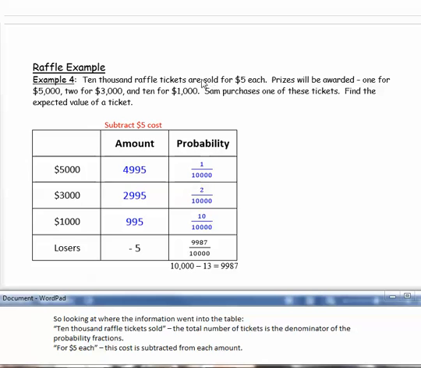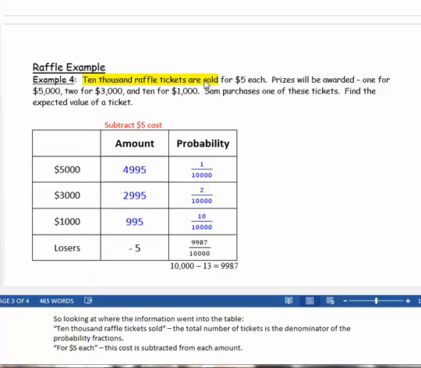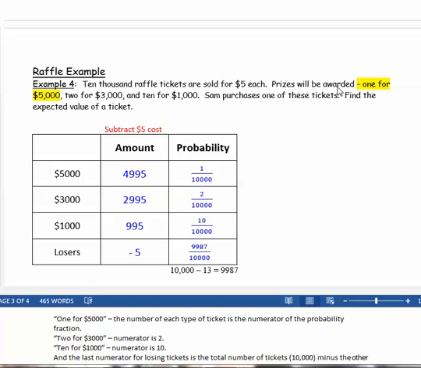So looking at where this information in the problem went into the table: 10,000 raffle tickets are sold became the denominator of the probability fractions. The total number of tickets is the denominator of the probability. Tickets are sold for $5 each. This cost is subtracted from each of the amounts. One for $5,000.